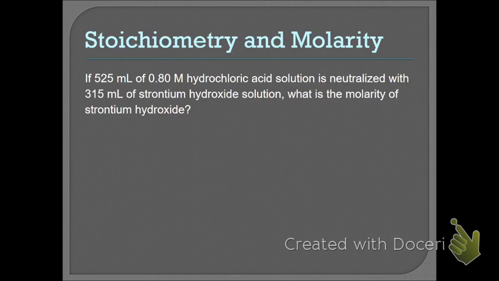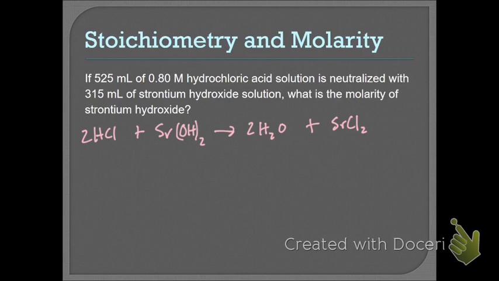Here's another problem. So you got hydrochloric acid solution plus strontium hydroxide. This is a neutralization reaction. It's a double replacement where you form water plus a salt. So we got strontium chloride. All right, so we got to balance this, right?